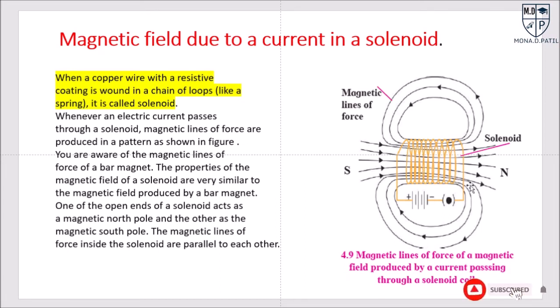One open end of the solenoid acts as a magnetic north pole and the other as the magnetic south pole. The magnetic lines of force inside the solenoid are parallel to each other. You can see the lines between these are parallel, and one end becomes a south pole and the other end becomes a north pole.